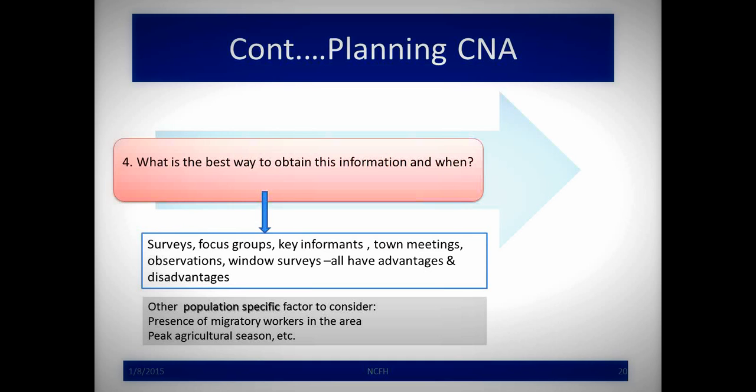What is the peak agricultural season in your area? You want to find out when farm workers are in your area, but not when they are so busy that they will not have any time to participate in your needs assessment. Those are things that are actually very important to figure out.